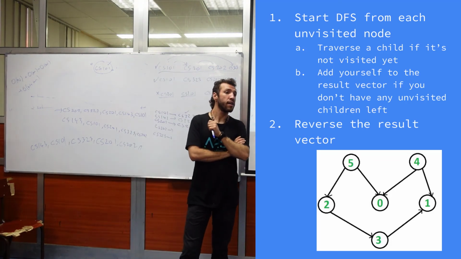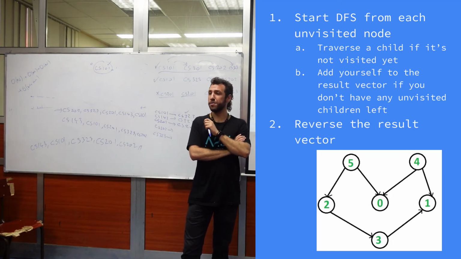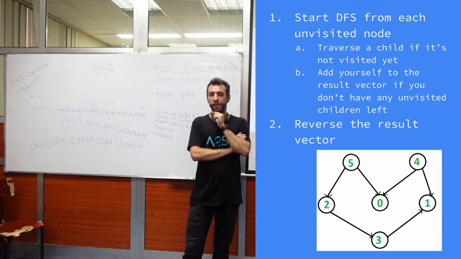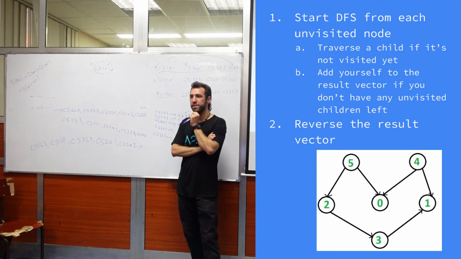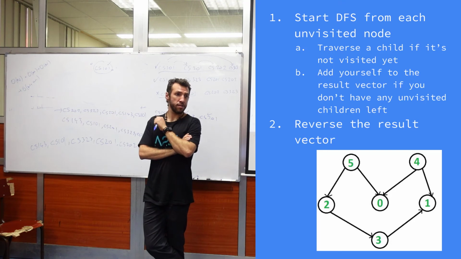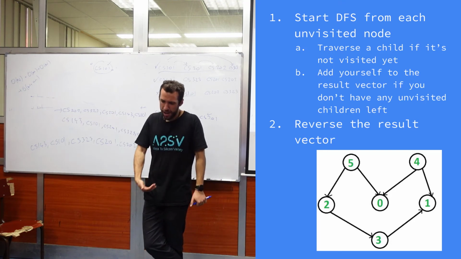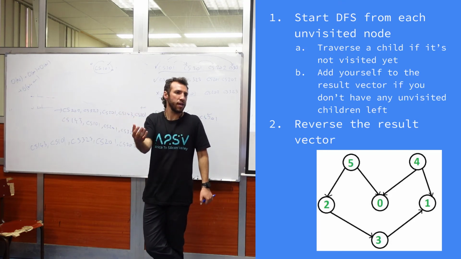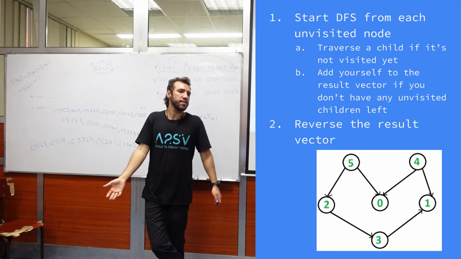How many times can I add one node to the result set? Once, right? And when I come to this node, I go to its children.